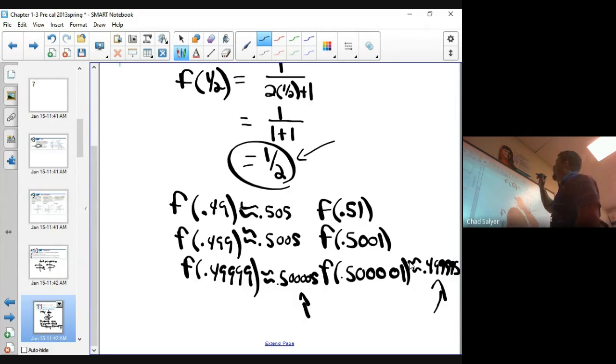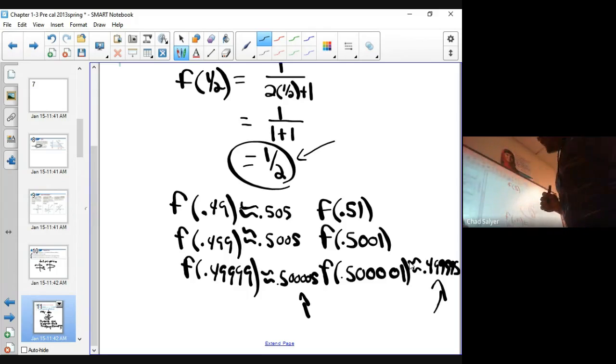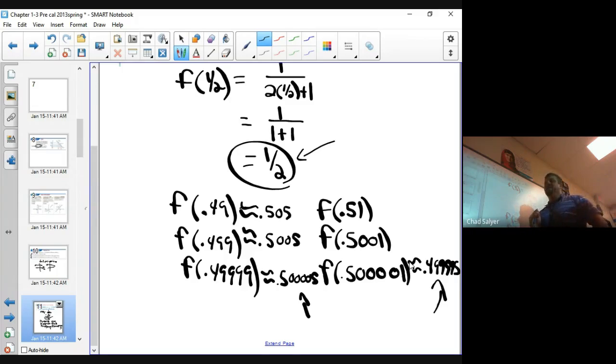So it passes the first part of the continuity test, the function exists at that point. It passes the second part because the limit exists. In other words, it approaches the same value from both sides. And then it passes the third part because the value that it approaches, the limit, is the same as the function's value. So a super complicated way to say something very simple.